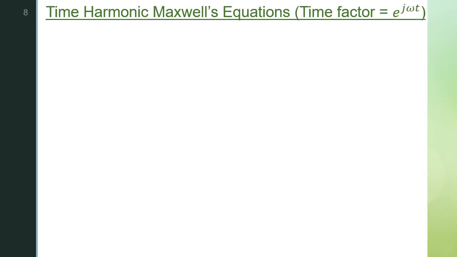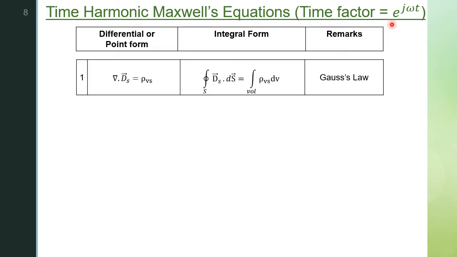This set of Maxwell's equations is called the time harmonic Maxwell's equations, by considering the time factor as e raised to j omega t. All the field components will be modified with a subscript s. So it is del dot Ds equal to rho vs. The corresponding integral form will also have a subscript s, because this denotes that these field components are dependent only on the coordinates.